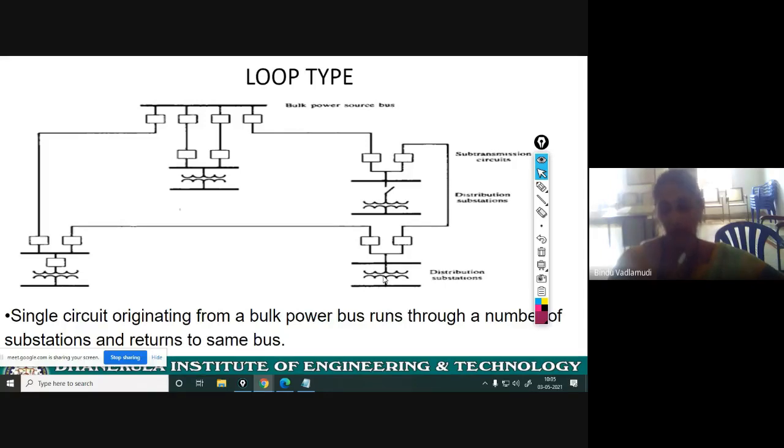So what is the other alternative? Out of these three types, the first one is radial type, the second one is improved radial type, and the third one is loop type. Out of these three, if you are an engineer, which one is suggestible, which would you suggest?